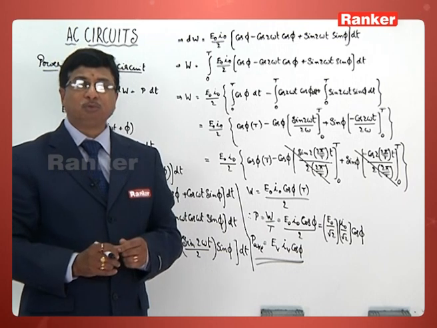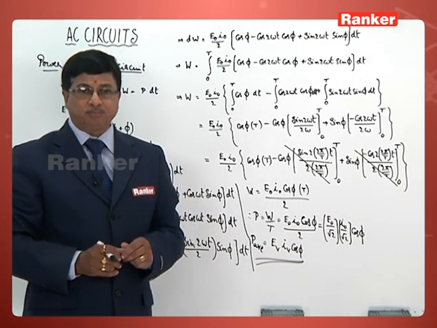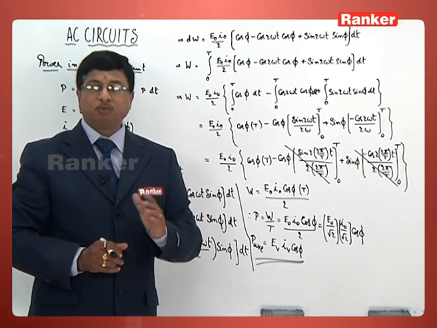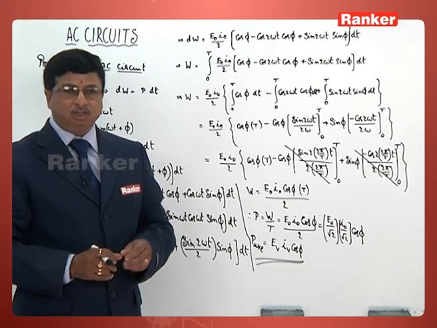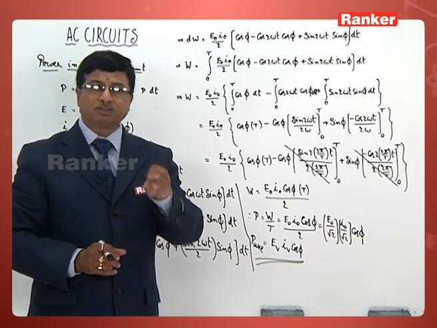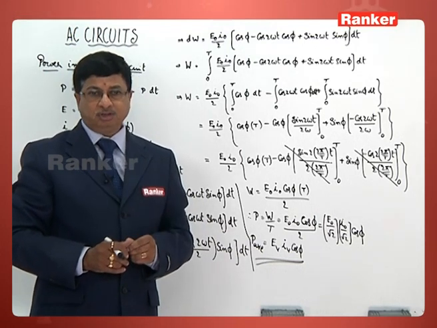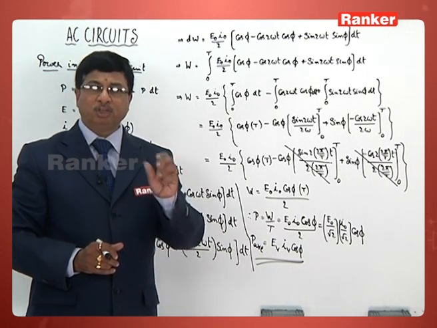That is what we have to discuss now. How this power varies in each and every individual circuit that we have taken up earlier. So let us start with the exclusive resistance circuit, that is the pure resistance circuit. What is the power in that circuit? Let us start with that.